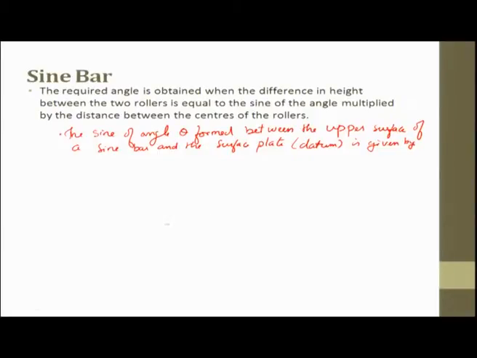We are trying to say you have a flat, then you have some object, and you have a roller. On the other side you have one more roller here.